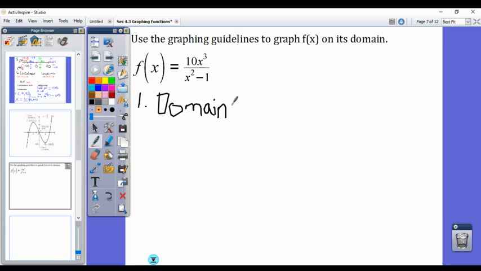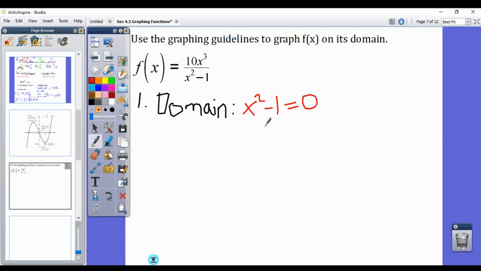Okay, so what I'm going to do for this is set the denominator equal to 0. And I'm going to solve.